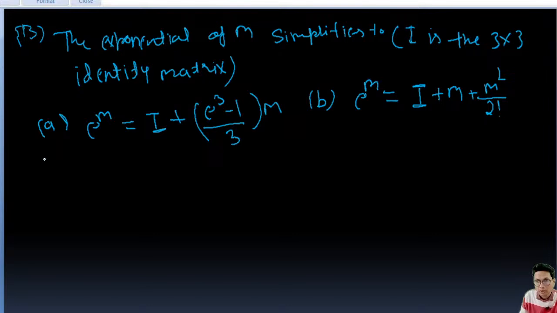Option C is I plus 3 cube M, and option D is (e minus 1) M.